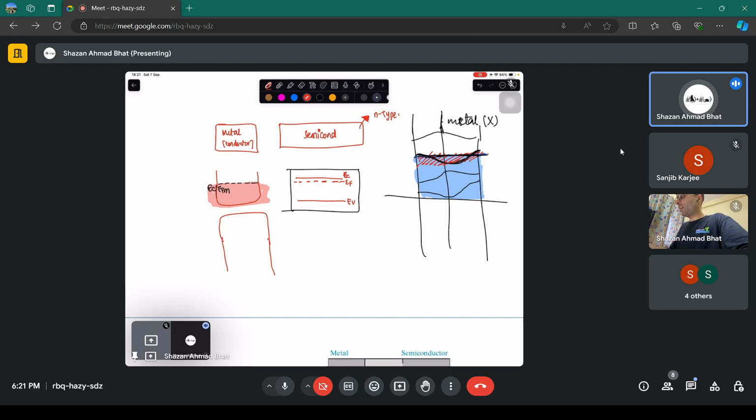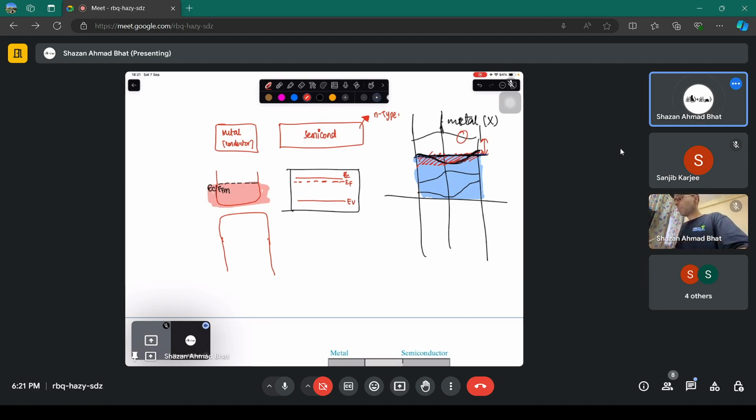And if somehow you could traverse this particular band in a metal, you would have to cross this particular gap. There are certain gaps in a metal. If you just see the dispersion diagram of any metal, gold, silver, any metal, because at the end of the day a metal is a crystal, and whenever you have a crystal you have a periodic structure, you get some acceptable and some unacceptable values.